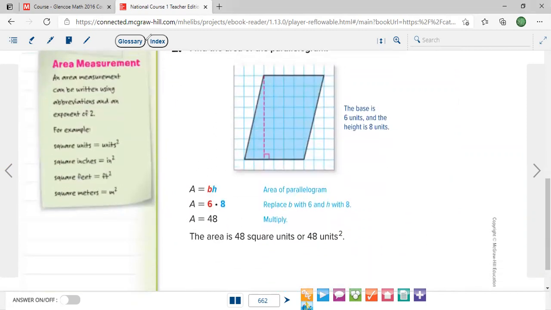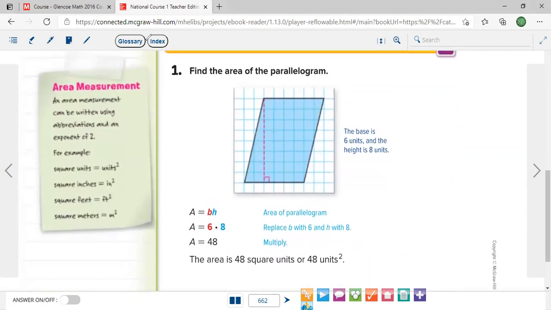So now, imagine that we need to find the area of this parallelogram. As you can see, here is the base. We count how many units. We don't count the dots. This is wrong. What you count are the blocks, the distances.